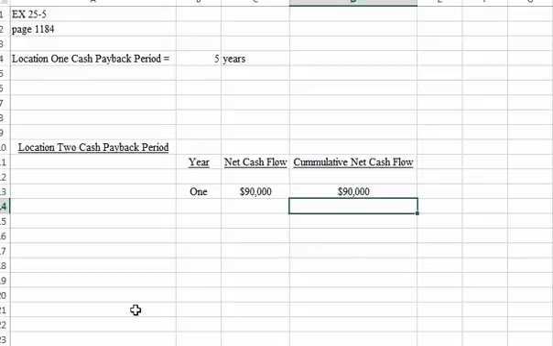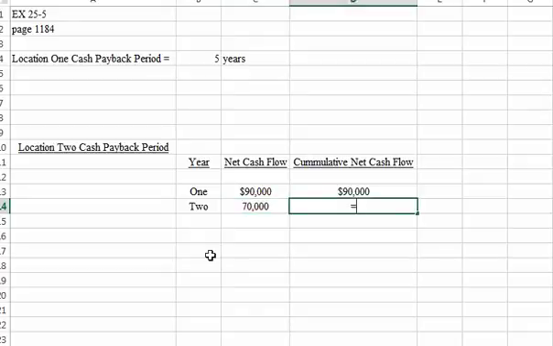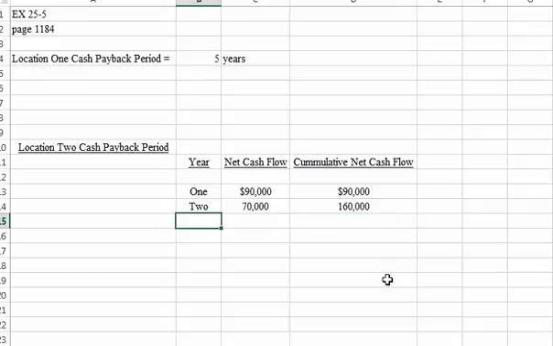So it's really, we could say it's equal to that one. Okay, now in year 2, net cash flow is expected to be $70,000. Now this is our running total, so it's equal to previous year plus current year. $160,000 now in total cash flow since we set up shop at location 2.